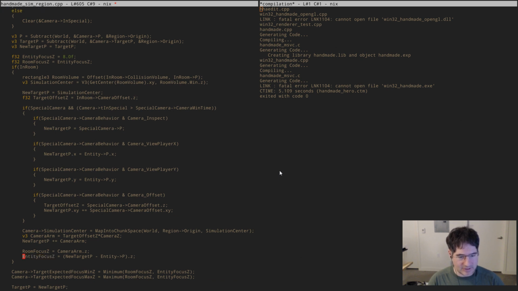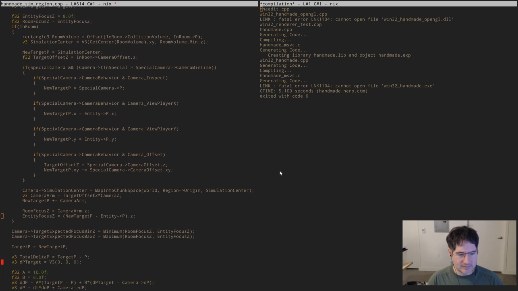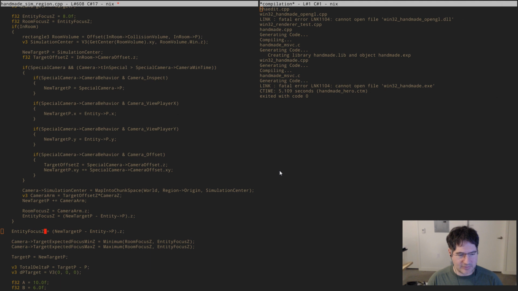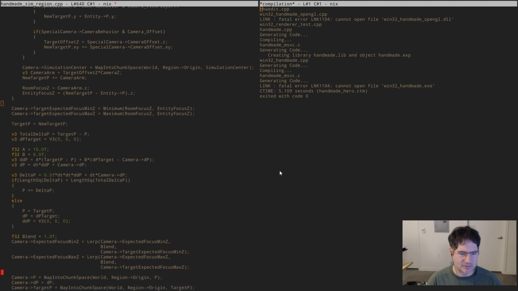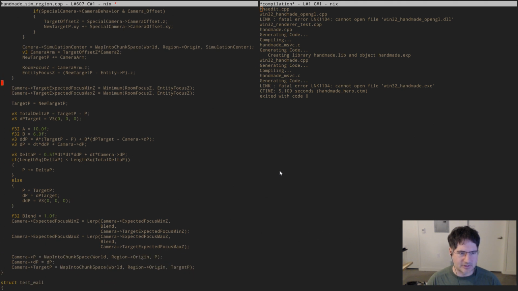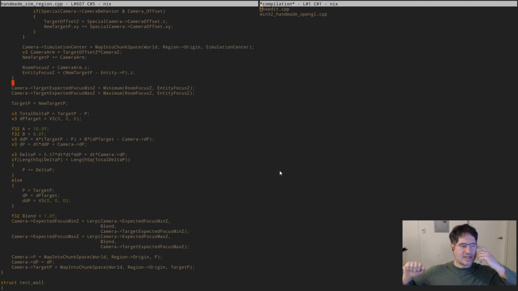You know, that's the target entity focus Z. The current entity focus Z is just looking at where, wherever the entity is that we're trying to look at, we know that wherever we are, so this is the actual entity focus Z. And so the thing that I'm wondering about is, do we want to just base things off of that more? I don't know what that would do. Probably nothing good. So yeah, a lot of puzzlers here.